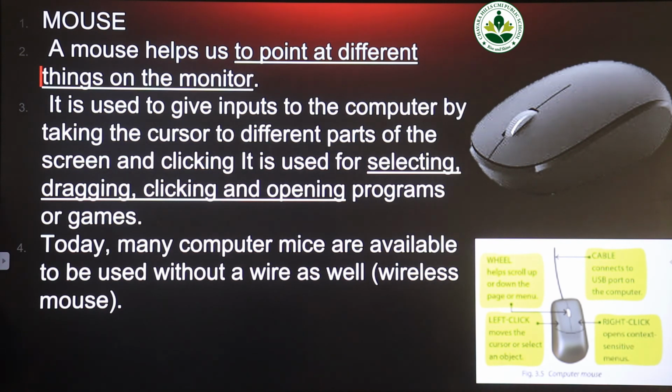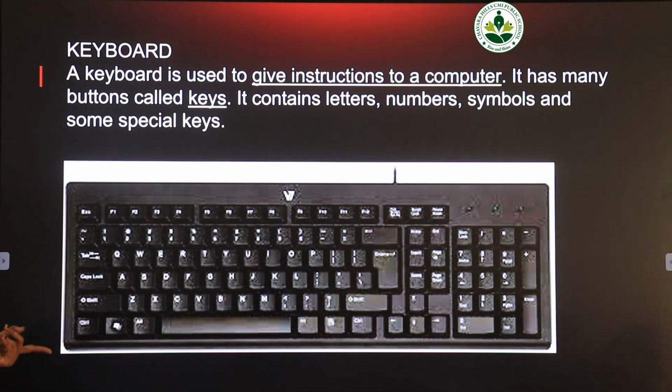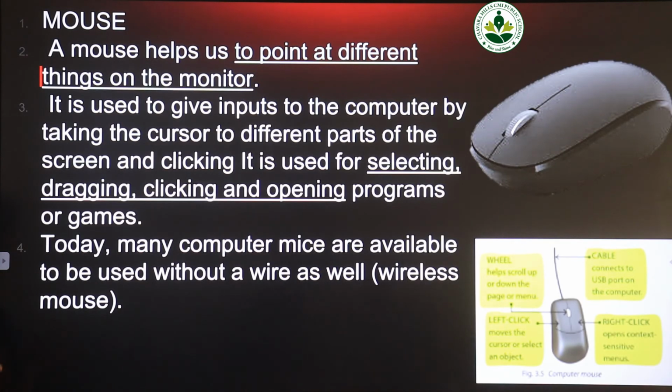It is also used for selecting, dragging, clicking and opening programs or games. That means a mouse is a part of a computer that gives input to the computer. We have already learned another part that helps us to give input, that is keyboard, and the next part that helps us to give the input is mouse.